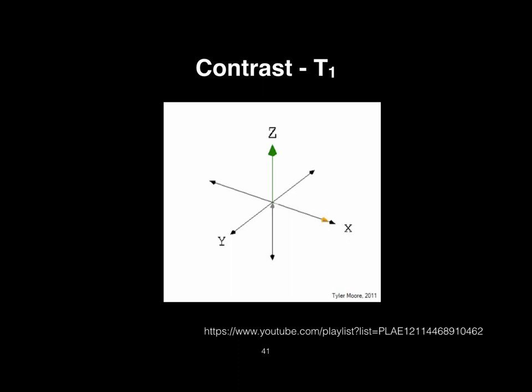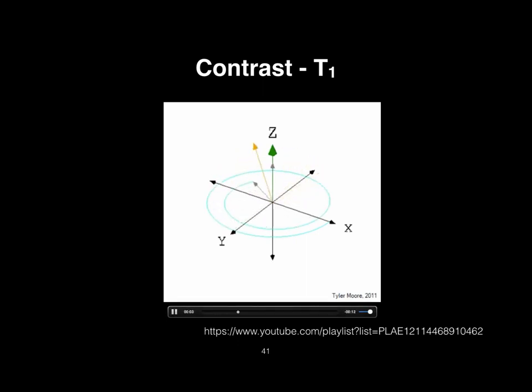And once we start imaging, for the imaging process, we perturb that magnetization away from equilibrium. But to be able to continue imaging, we depend on that equilibrium signal. So T1 is actually a measure of how long it takes for the signal, the magnetization of the sample, to regrow.